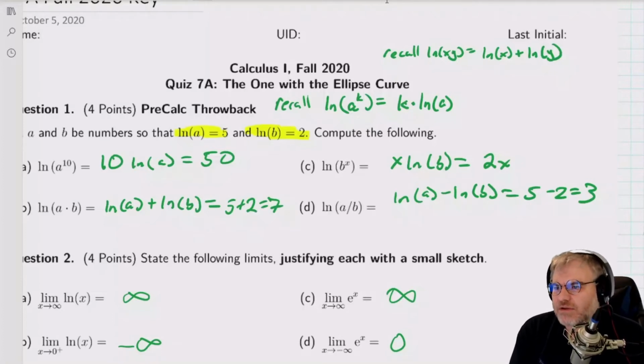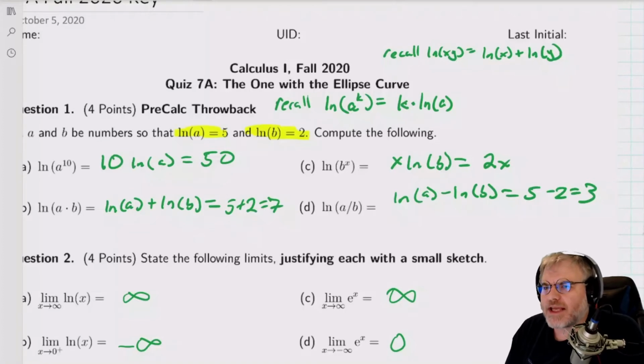And if you don't remember those, that pre-calc throwback on WebAssign. So if you go over to WebAssign, if you're uncomfortable with some of these, I encourage you to go to WebAssign and do the pre-calc review logarithmic exponential thing.